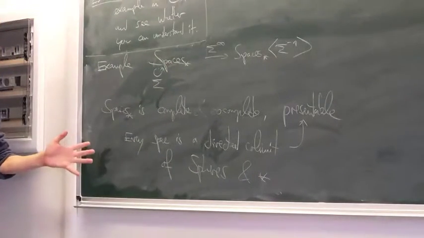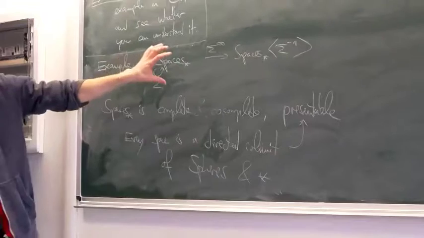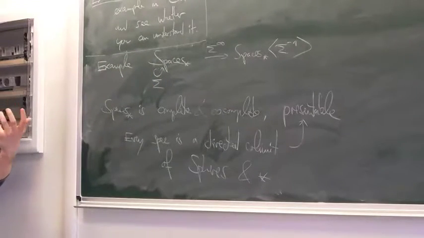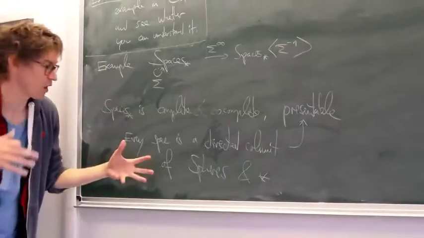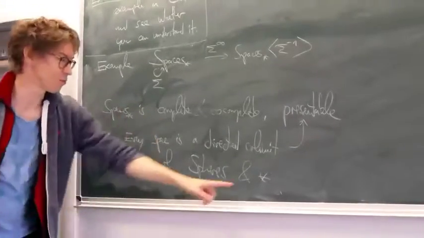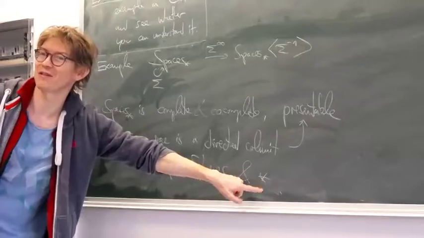So that's exactly the statement that every topological space is weakly equivalent to a CW complex. And CW complexes are what I can glue together by using spheres and disks. And disks are points now, because they're equivalent to a point, effectively.